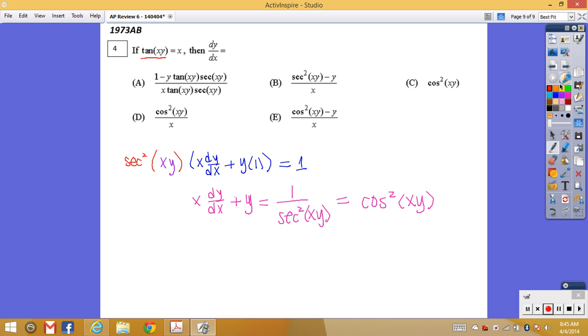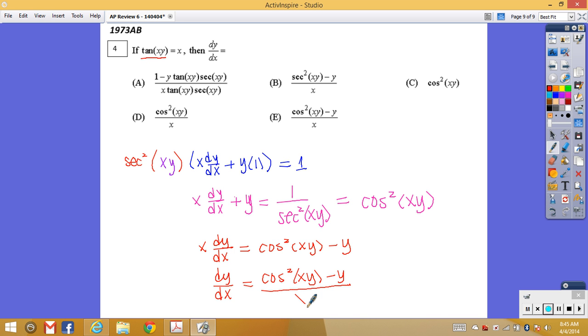Next piece, I would have to move the y over, so x dy dx is equal to cosine squared xy minus y, and then dy dx is equal to cosine squared xy minus y all over x, which is, I believe, e.